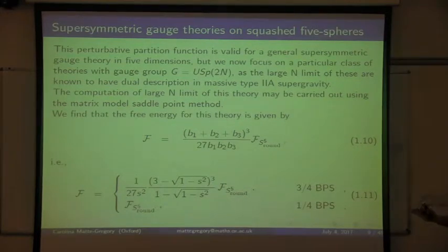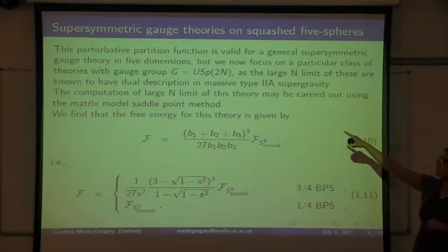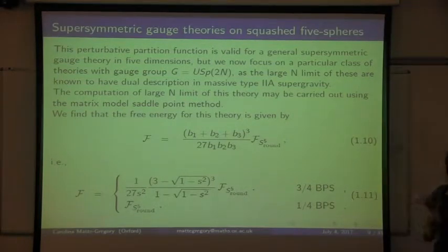Right. So this perturbative partition function is actually valid for a general gauge theory in 5 dimensions. But we, in particular, looked at the case where the gauge theory is this USp(2N). And that is because these gauge theories actually come, just to relate again to that story, from some D4-D8 brane system.